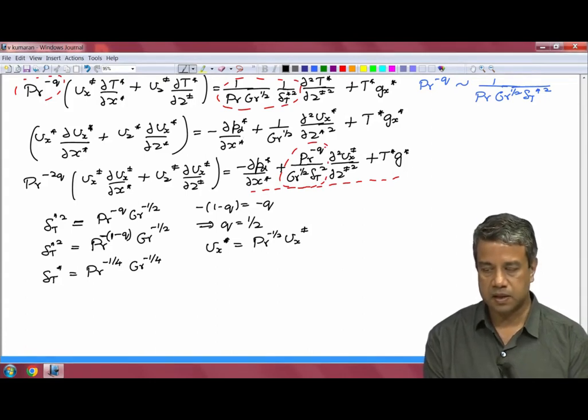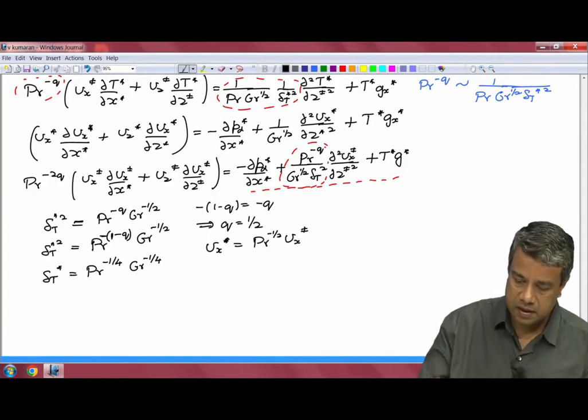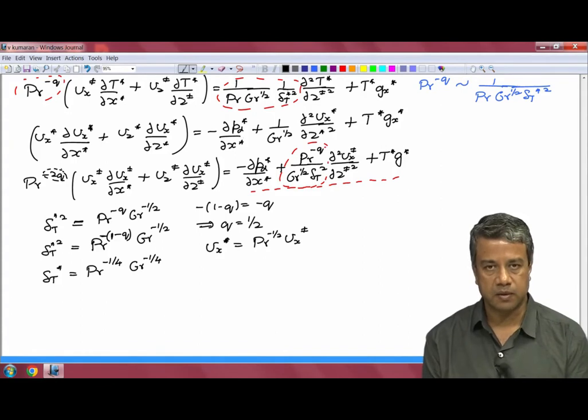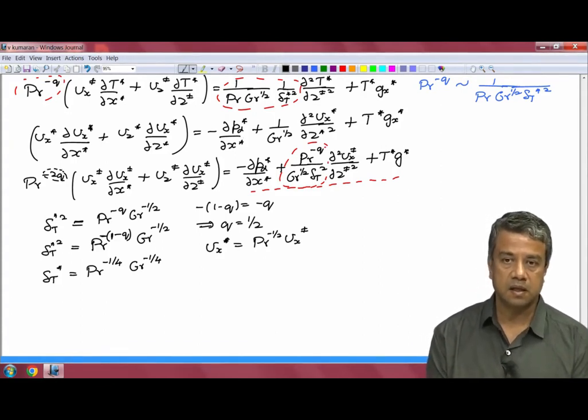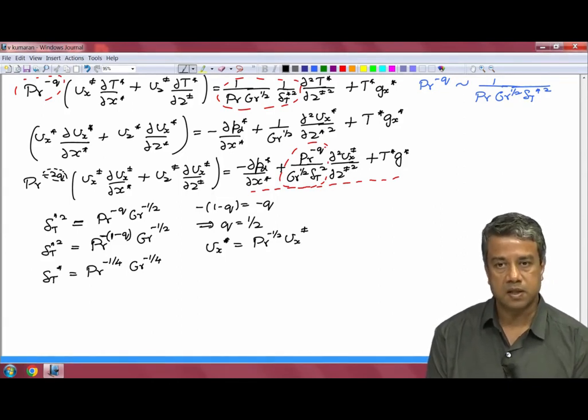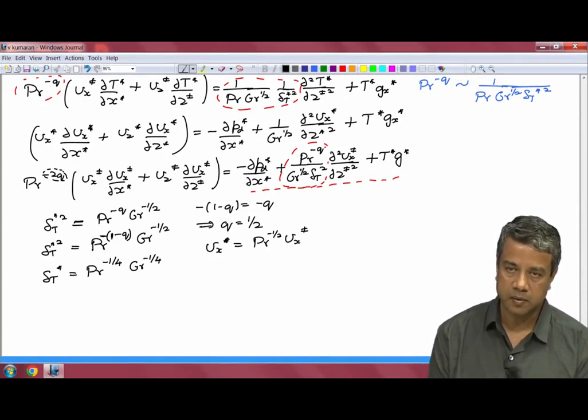So, this is the boundary layer thickness, and if you incorporate it, on the left side minus 2q will be equal to minus 1, in the momentum equation. So, you neglect the inertial terms as is expected in the thermal boundary layer, which is much thinner than the momentum boundary layer, and where momentum diffusion is large compared to momentum convection.